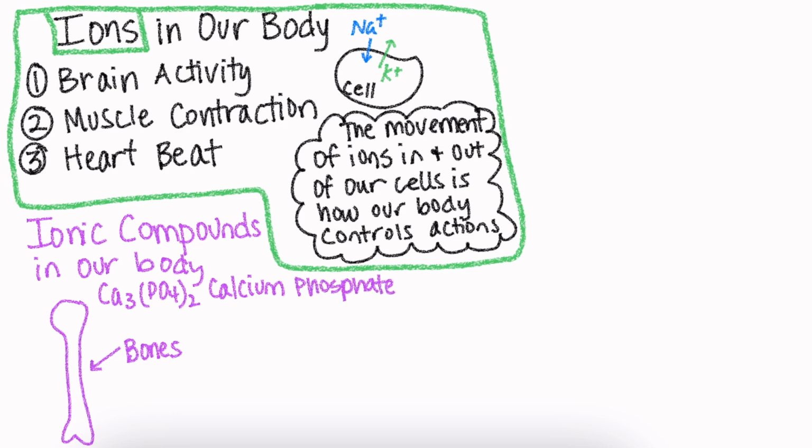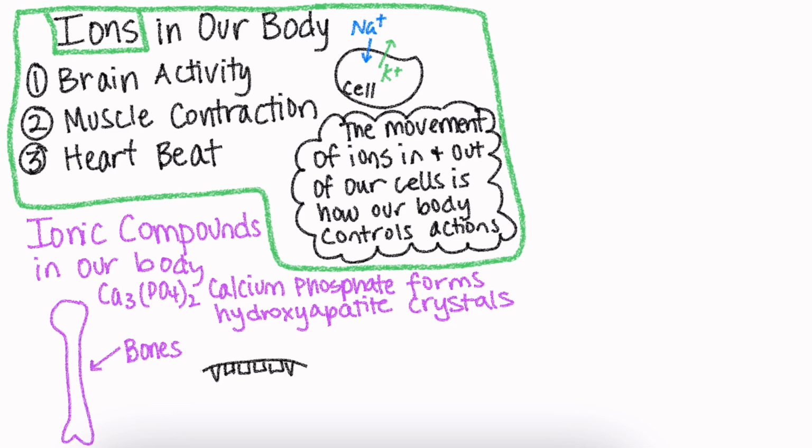And calcium phosphate can form larger structures called hydroxyapatite crystals. And this is what makes your bones hard. They're mineralized. Your teeth are also made of hydroxyapatite crystals, at least the enamel on them, which is the hardest structure in your body. Pure hydroxyapatite crystals, basically.